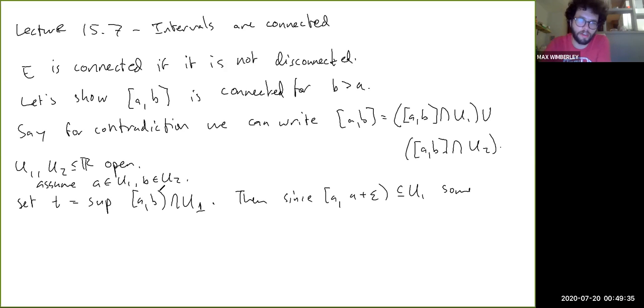I think this endpoint could actually be closed; I think it doesn't matter.